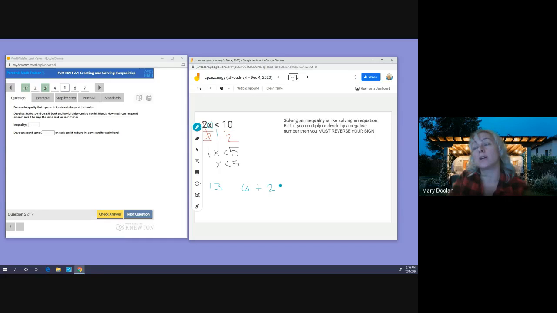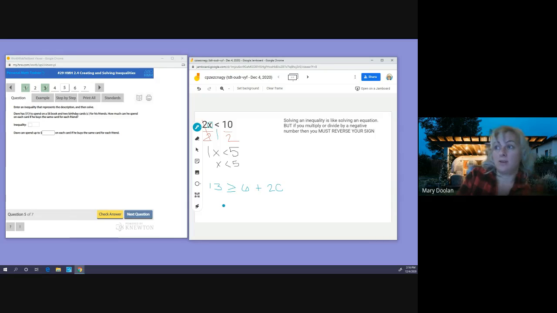All we know is that a card is a mystery amount, and so they tell us to use the variable C. So $6 plus 2 of the cost of the card, whatever that is. Now, when I add this up and I get my total, this amount could be 13 exactly, but this amount cannot be bigger than 13. It has to be less than 13.